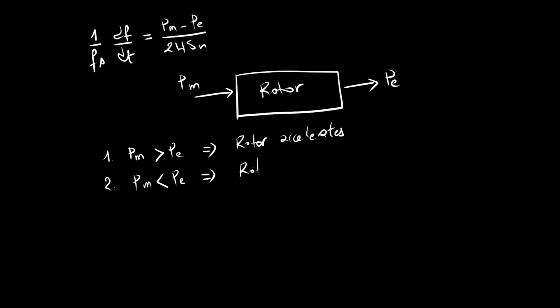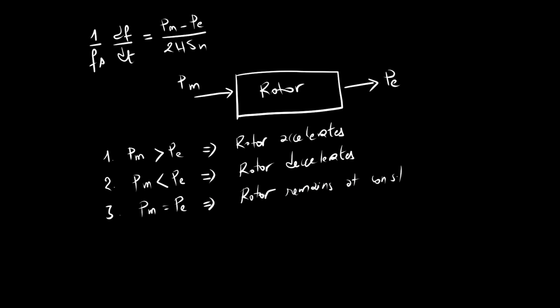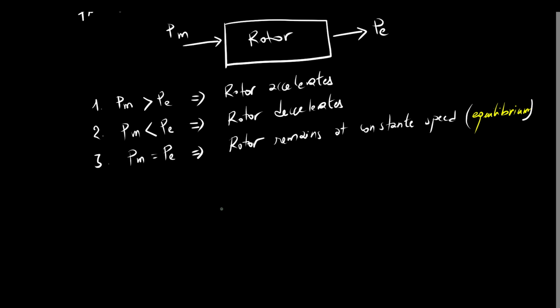The rotor slows down. That's because kinetic energy is being pulled from the rotor. And lastly, if mechanical power is equal to electrical power, the rotor spins at a constant speed. That's an equilibrium point.